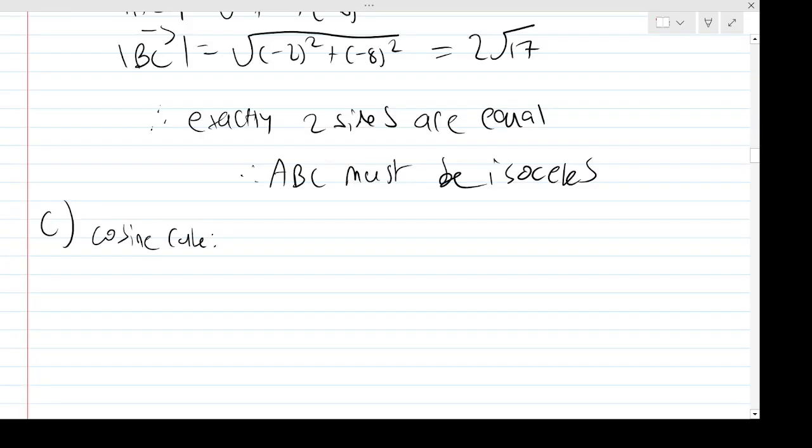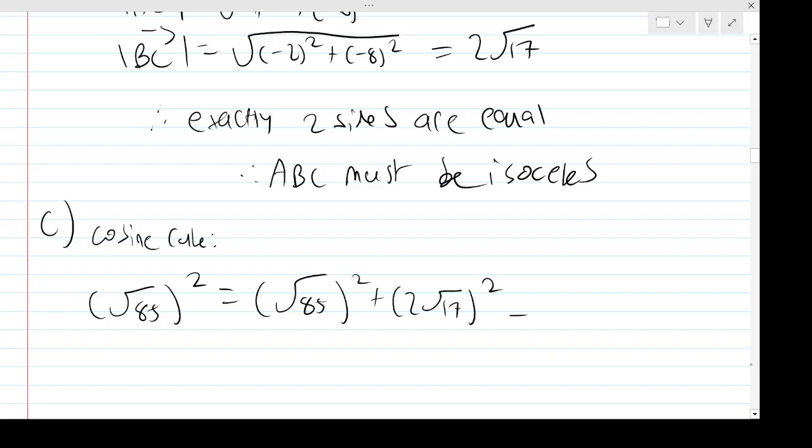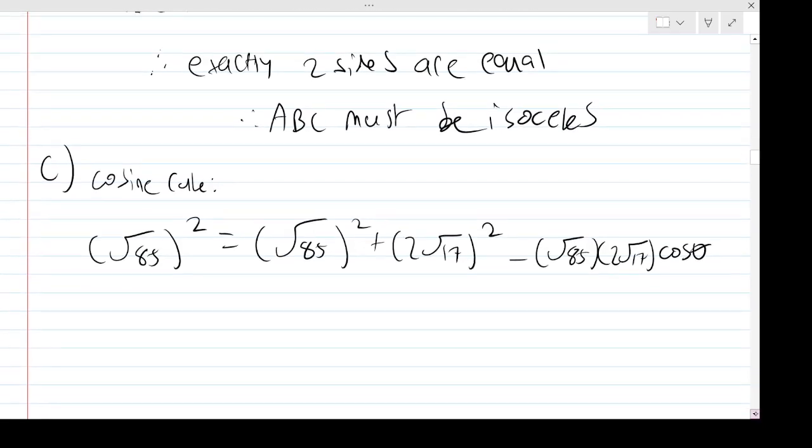So I can say root 85 all squared, via the cosine rule, is going to be the other two sides all squared, so root 85 squared add 2 root 17 all squared, minus 2 times root 85 times 2 root 17 cosine theta. Then I just need to simplify all this and put it in the calculator. Root 85 all squared, the root cancels, so we just get 85. Then that's going to equal 85 add 2 root 17 all squared.